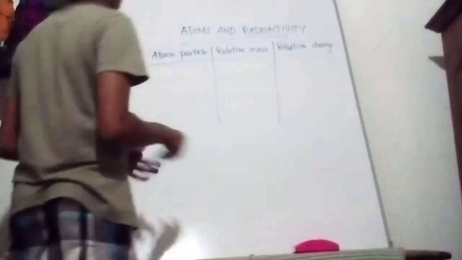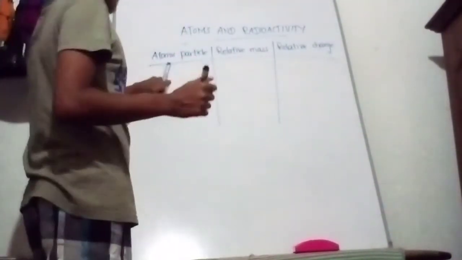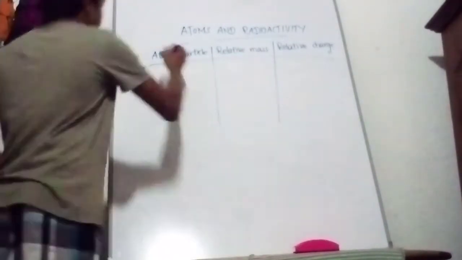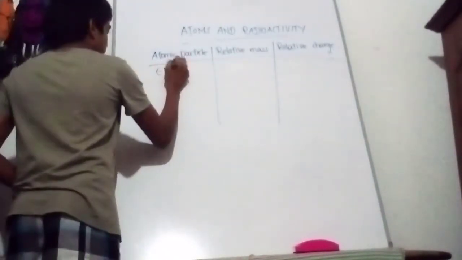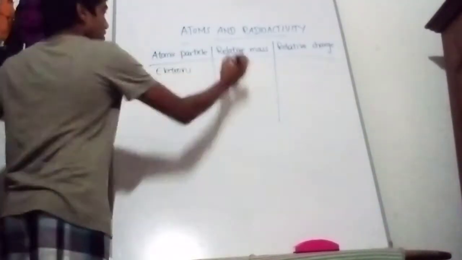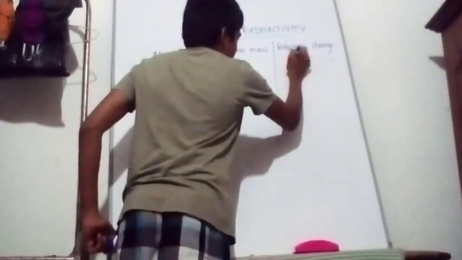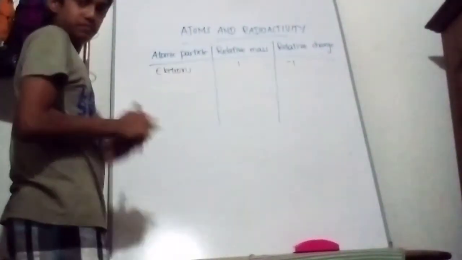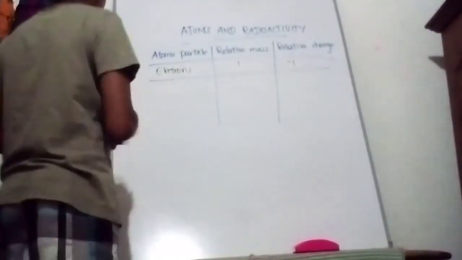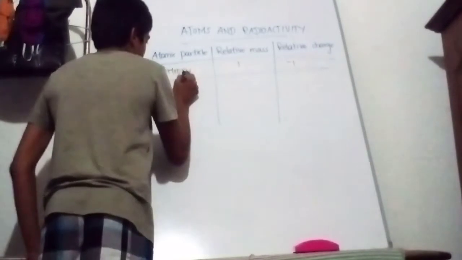Now, this is a small table that I'm going to give you for the relative mass of the atomic particles and the relative charge of them. First, we'll go for electrons. The relative mass of electrons is 1 and the relative charge is -1. Next we'll go for neutrons.